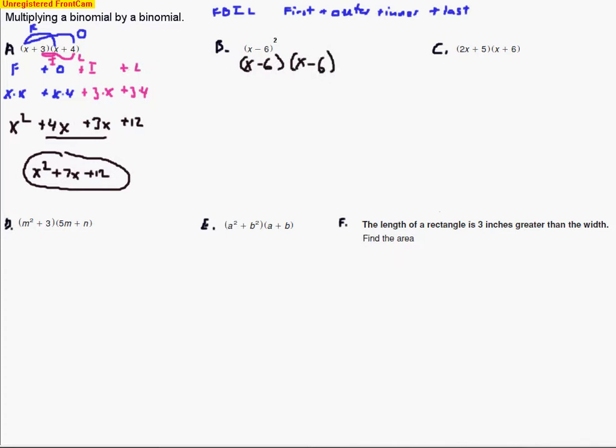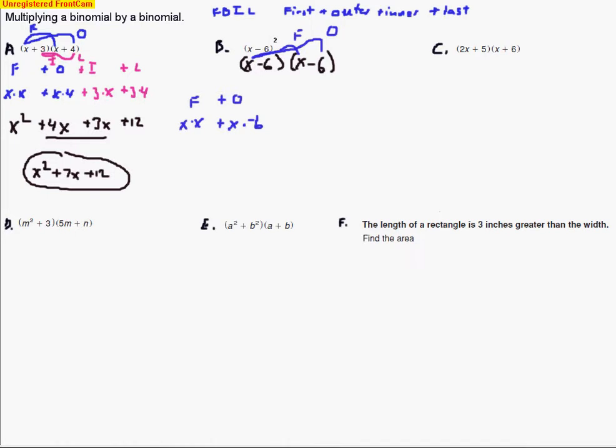So let's practice that again. Our first terms are going to be the x times the x. Those are the first terms, x times x. Then we move on from the x and multiply it by the negative 6. Those are the outside terms. So plus outer, so it's plus x times negative 6.